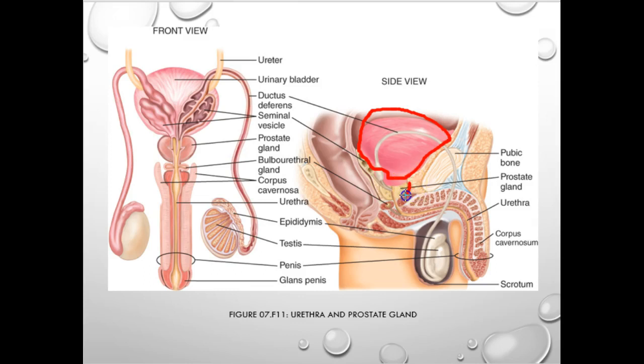Just underneath the bladder, we have the prostate. The urethra comes from the bladder through the prostate, comes through what's called the corpus spongiosum in the penis, and then out the urethral orifice. So this little section right here of the urethra is the problem.